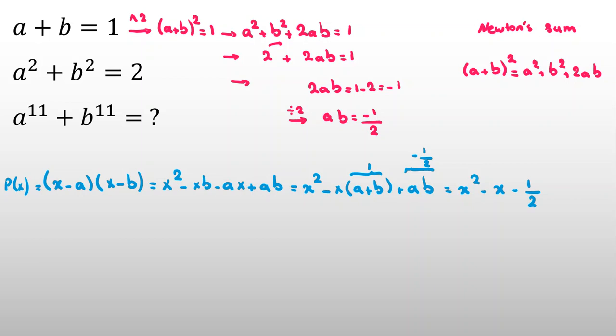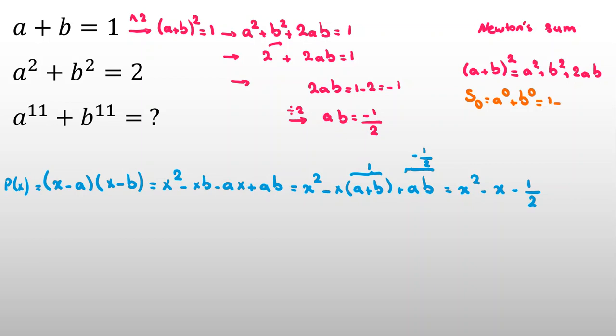Now I say I want to find a to the 11 plus b to the 11. So we define something. We define S0 as a to the 0 plus b to the 0. We know a and b, none of them are 0, because then ab would be 0, not negative 1 over 2. So it is not 0 to the 0.